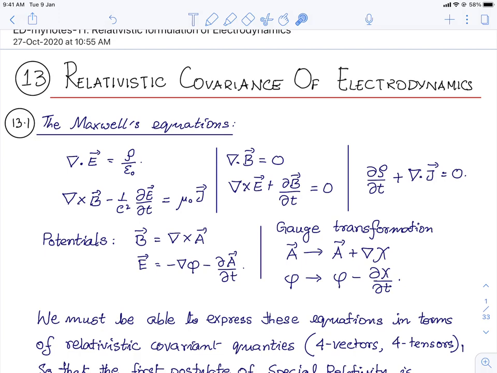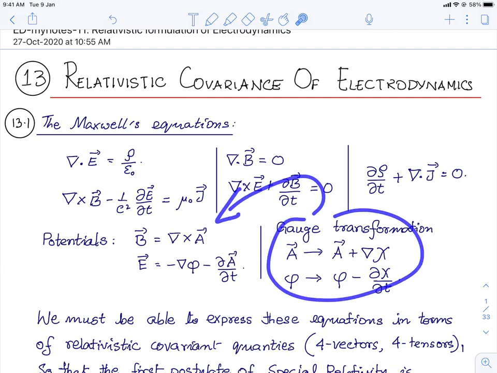So apart from this fact, there is also this notion of gauge redundancy, which we have discussed, and this tells us that if we change the potentials in this way using some other scalar field chi, then the expressions for the electric and magnetic fields remain invariant, because if I take this and plug it in here, then these expressions become independent of chi.